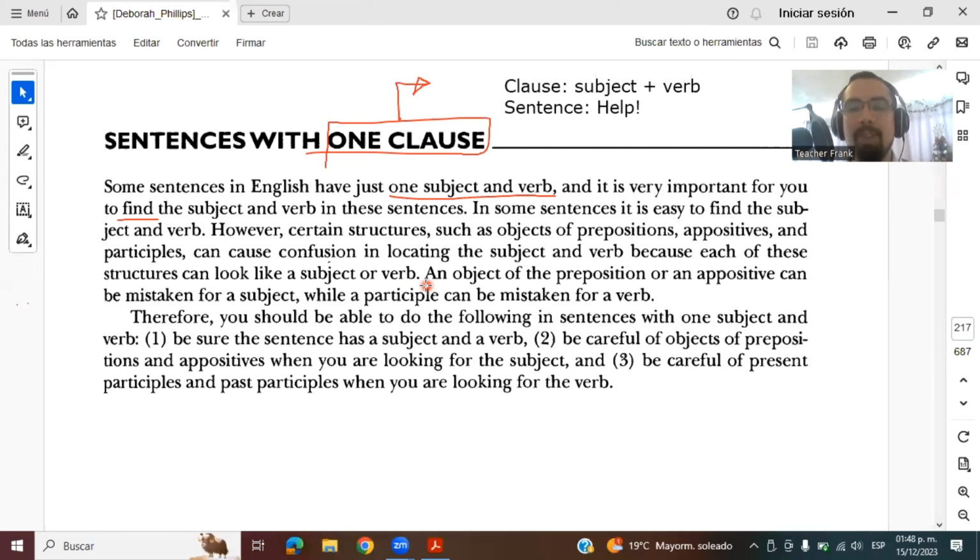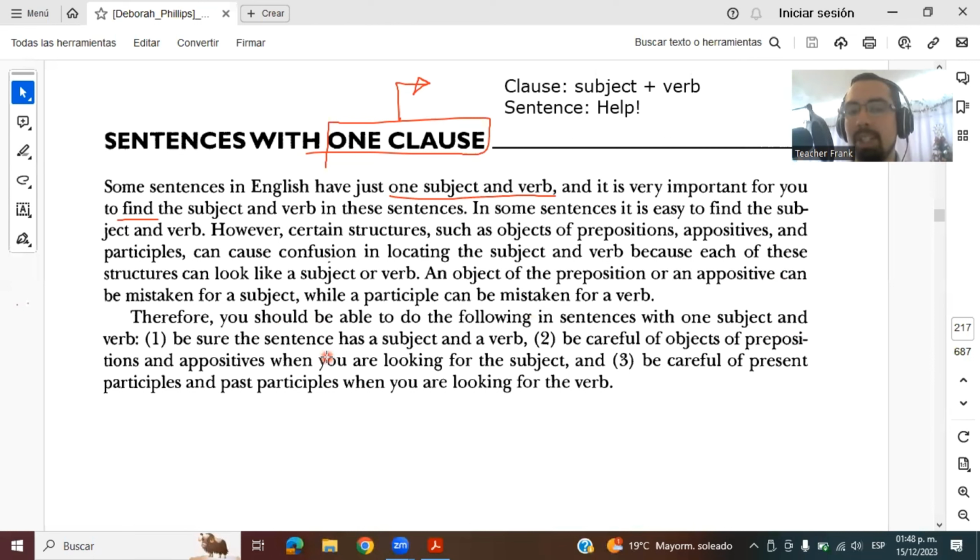So we have a problem confusing sometimes the subjects with objects of preposition and appositives, which we're going to be looking at in these skills, and participles, which are the verbs, right? An object of the preposition or an appositive can be mistaken for the subject, while a participle can be mistaken for the verb. Therefore, you should be able to do the following in sentences with one subject and verb.